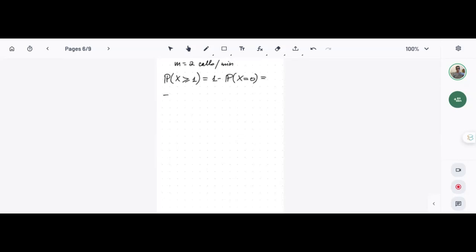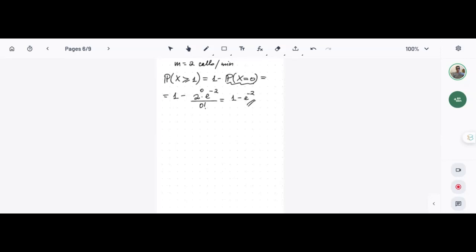So this is now going to be easy. 1 minus, to find this probability, this is nothing but the parameter 2 to the power x, where x is 0, times e to the power minus 2, divided by 0 factorial, which is 1, right? So this is going to be equal to 1 minus e to the power minus 2.